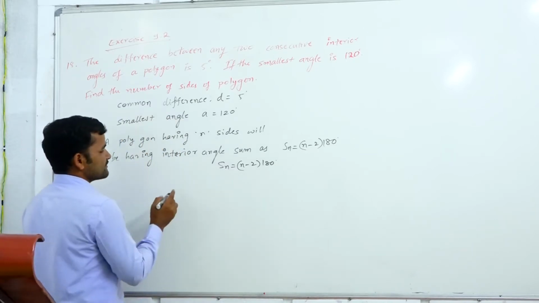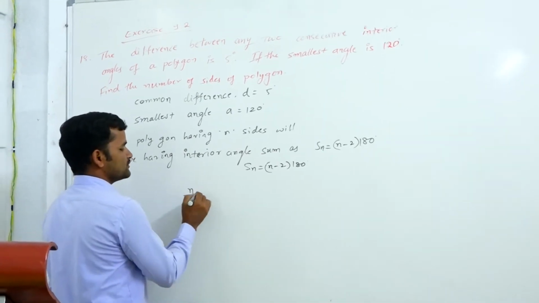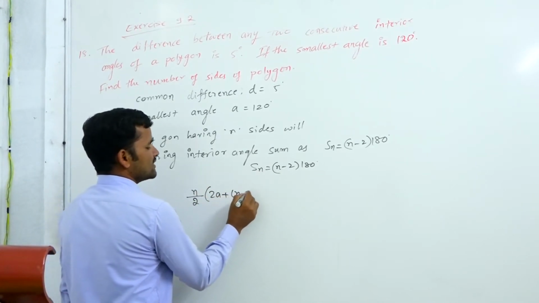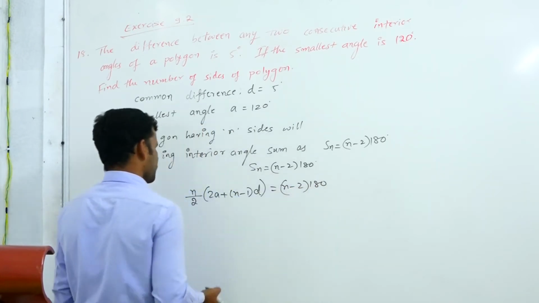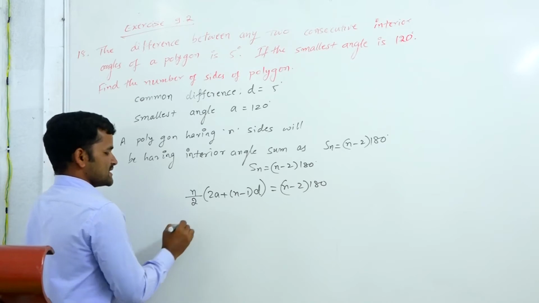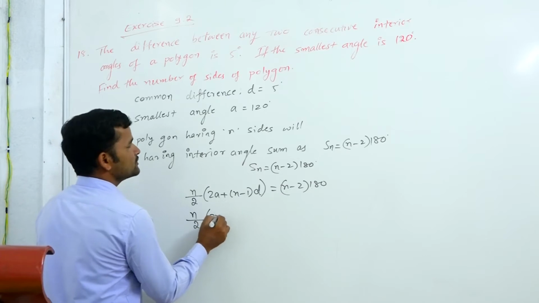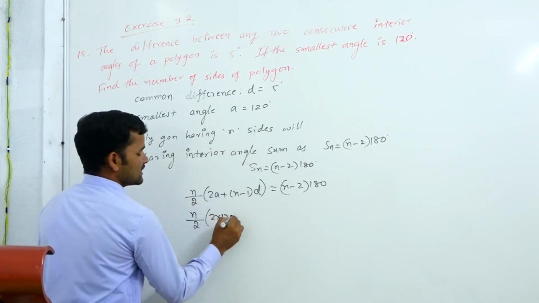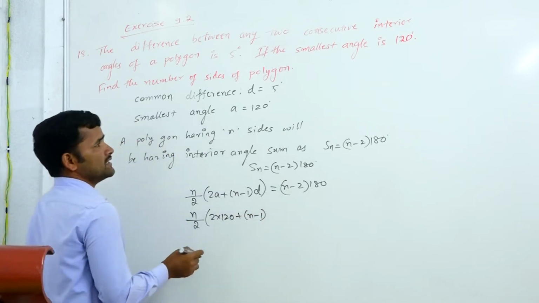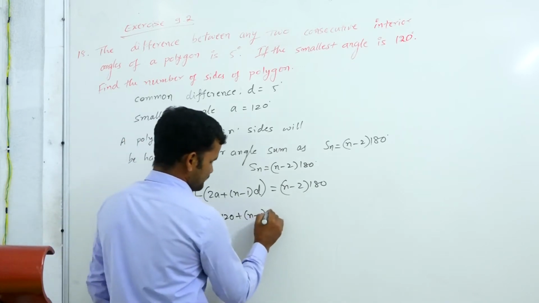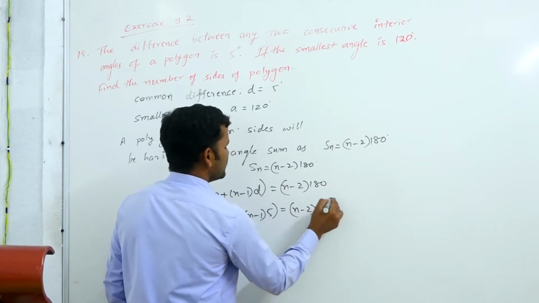Using the Sn formula, having n sides, n by 2 into 2a plus n minus 1 into d, which is equal to n minus 2 into 180 degree. n by 2, you keep it as it is. n is the unknown quantity, we need to find that. 2a, 2 into a means smallest angle, that is 120 degree, plus n minus 1 into d, the difference between consecutive interior angles, that is 5, which is equal to n minus 2 into 180.